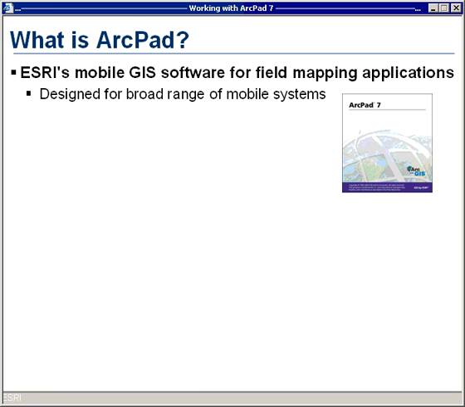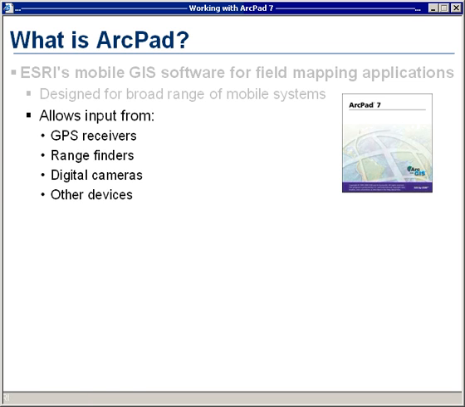So, what is ArcPad? ArcPad is ESI software for mobile GIS and field mapping applications using handheld and mobile devices. ArcPad supports numerous devices, from tablet PCs to Windows Mobile PDAs.